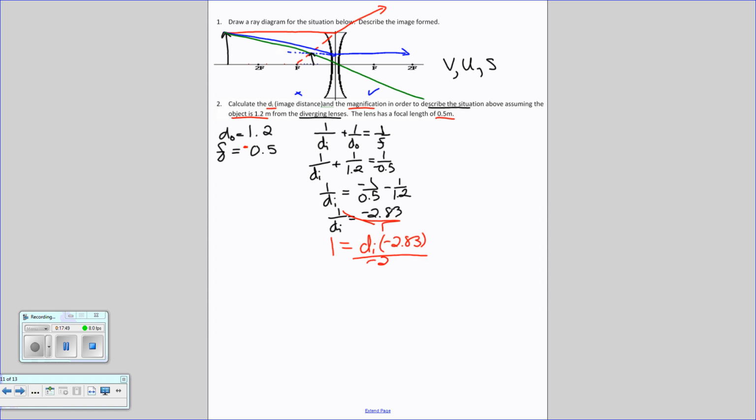Divide by negative 2.83. And I get DI is equal to negative 0.353.